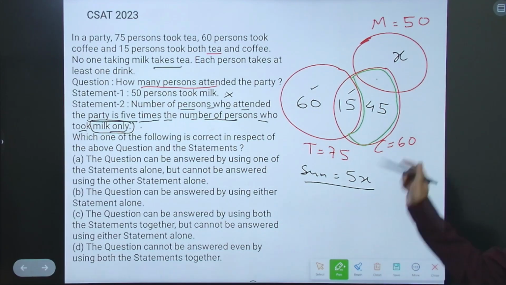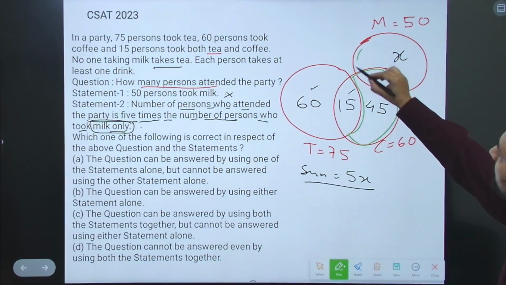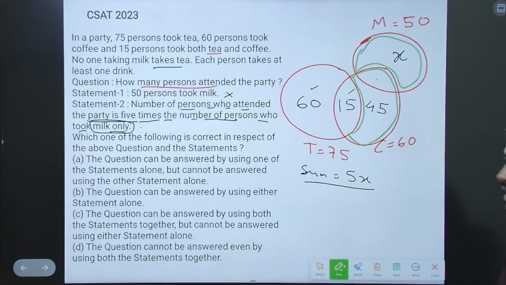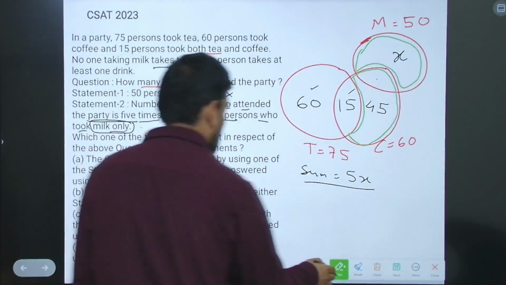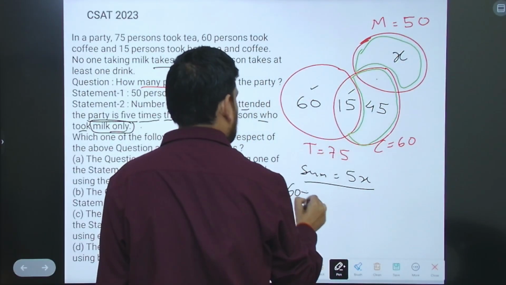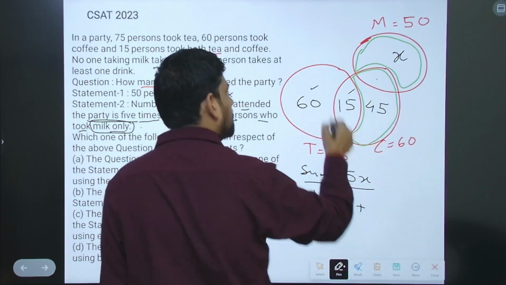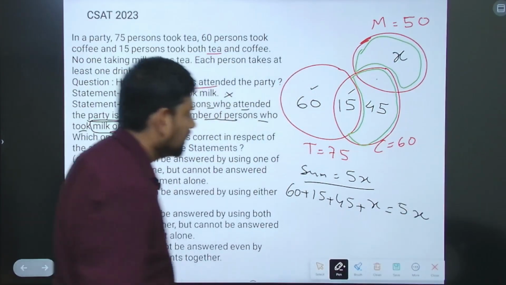This I know, and in this area I include this also. And this area is what? Number of people who drink only milk. So that is also covered. Now I can add them all, and the sum should be equal to the number of people who attended the party. So I just add all of them. It becomes 60 plus 15 plus 45 plus 45 plus x is equal to 5x.